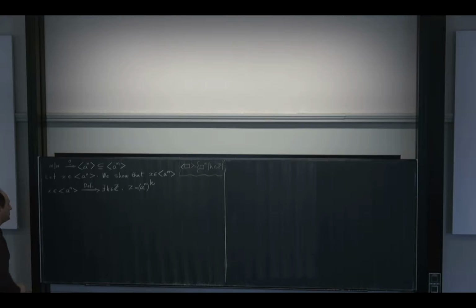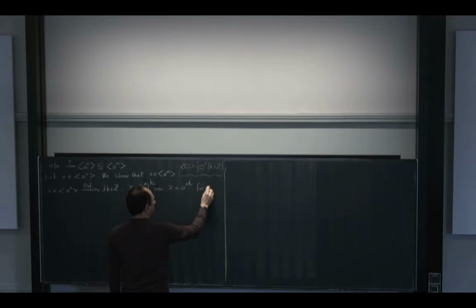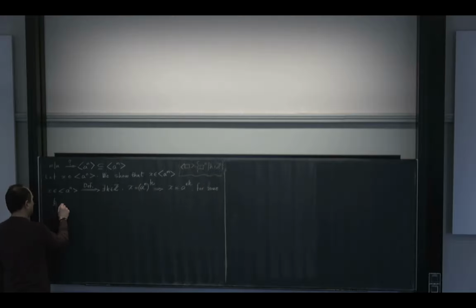Okay, but the box here is this guy. Yes, that's the same. Okay, but then what happens? This means that x is equal to a to the power nk for some k in Z. Okay, so that is the definition takes me up to this point.